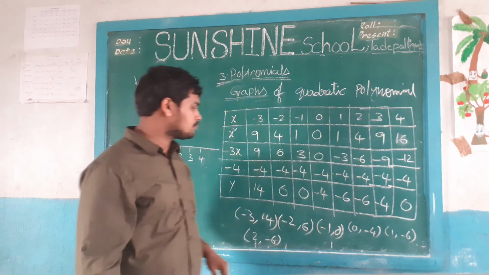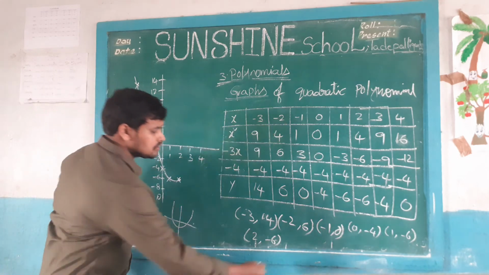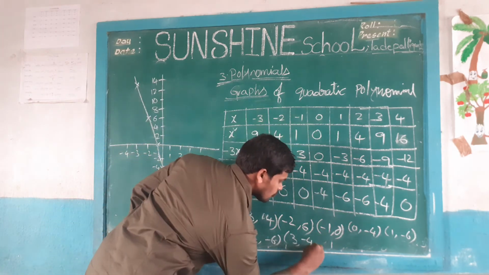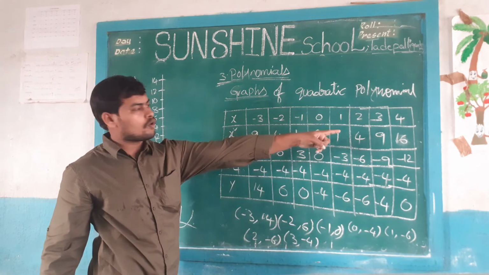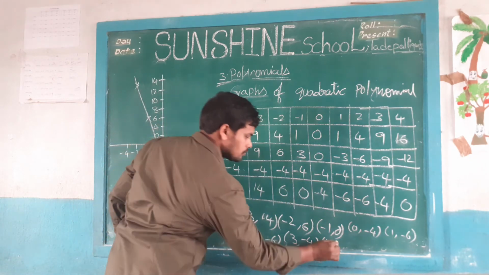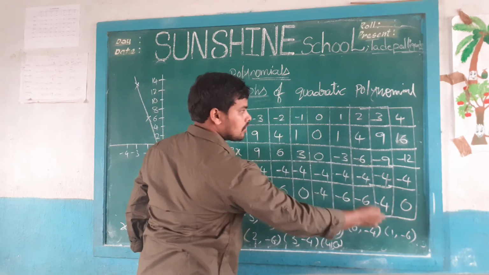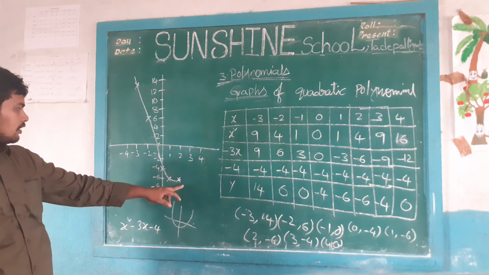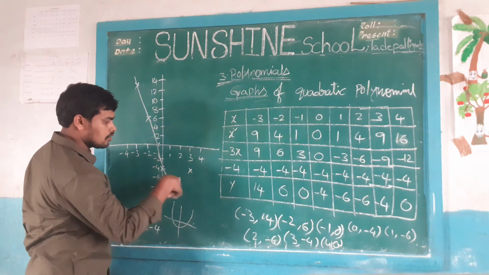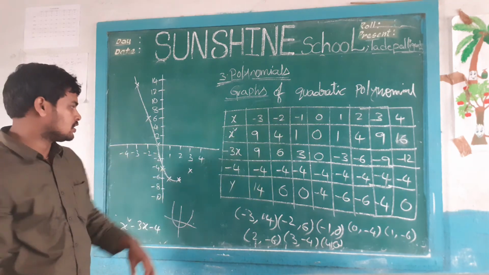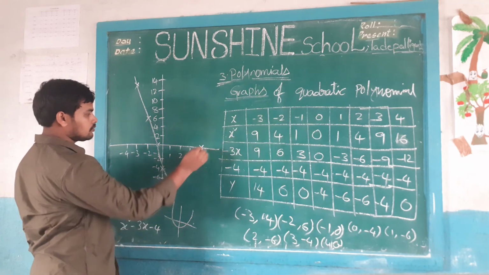Now what is the x value here? 3, and y value is minus 4. Next, x value 4 and y value is 0.